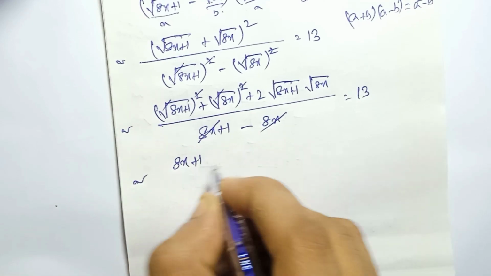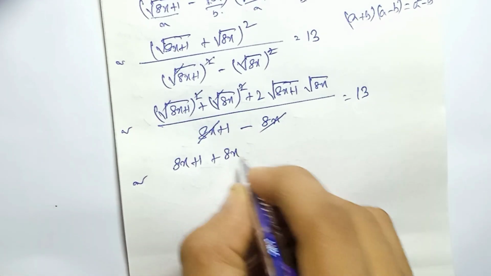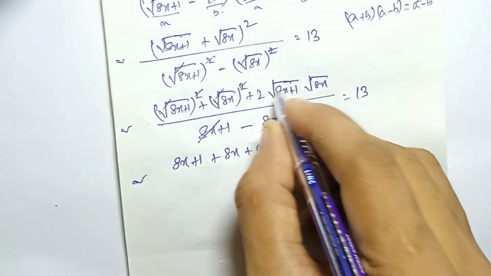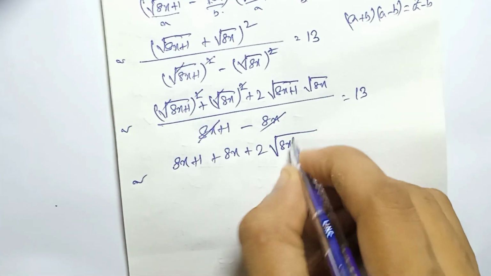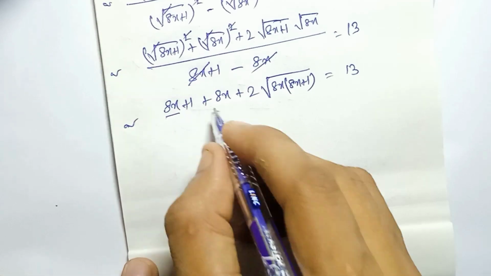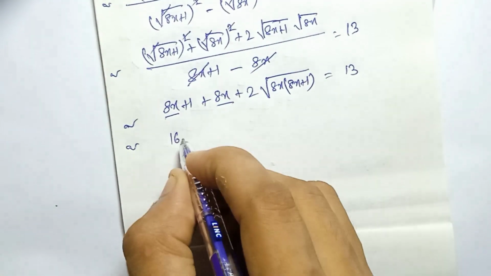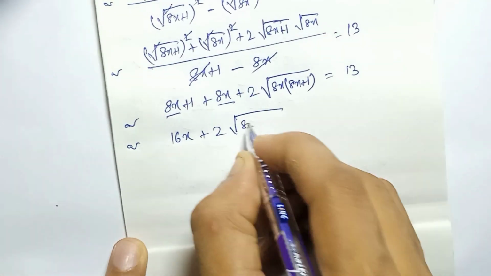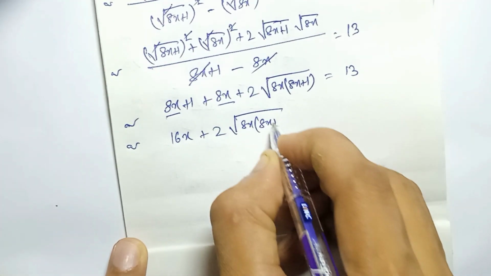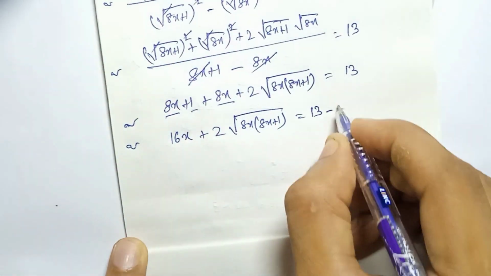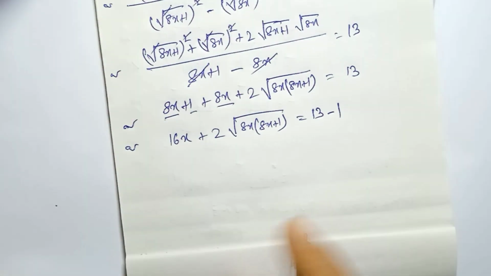So now this square root cancels out, same as here. So this will be 8x plus 1 and here 8x plus 2 under root. We can take this root and this root together, so 8x into 8x plus 1 is equal to 13. Okay, this 8x and this 8x, so this will be 16x plus 2 under root of 8x into 8x plus 1 is equal to 13, and this 1 will appear on the right side as minus 1.